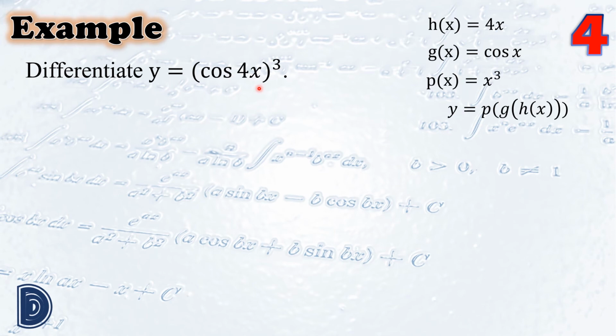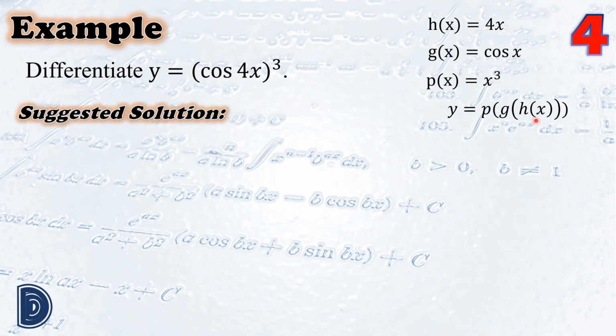So to get the derivative of this function, y prime will be equal to p prime of g of h of x multiplied by g prime of h of x multiplied by h prime of x.